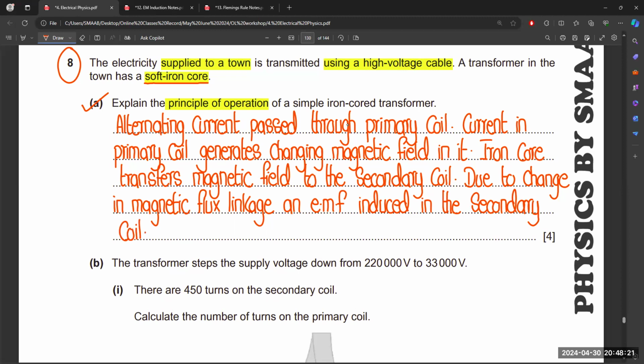So this is the idea, and this is the principle of working of a transformer, right? Either it is a step up or a step down, it works the same. A step up or a step down only tells you about the value of EMF induced in the coil.